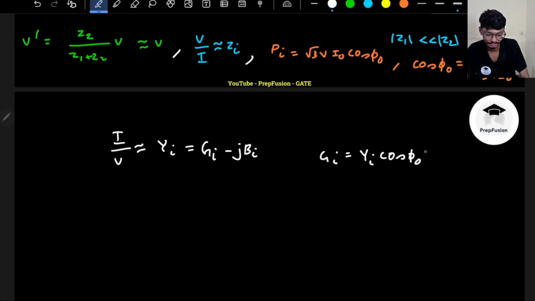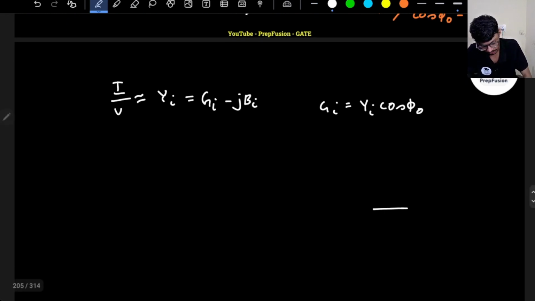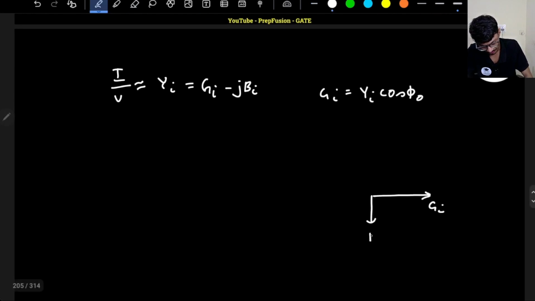If you are having difficulties understanding this, you have to go and watch the phasor chapter, where we have understood everything. This is my real component where my conductance will be lying. This is the component where my susceptance Bi would be lying. This will be the equivalent admittance Yi, and this will be the angle phi naught from the real component.